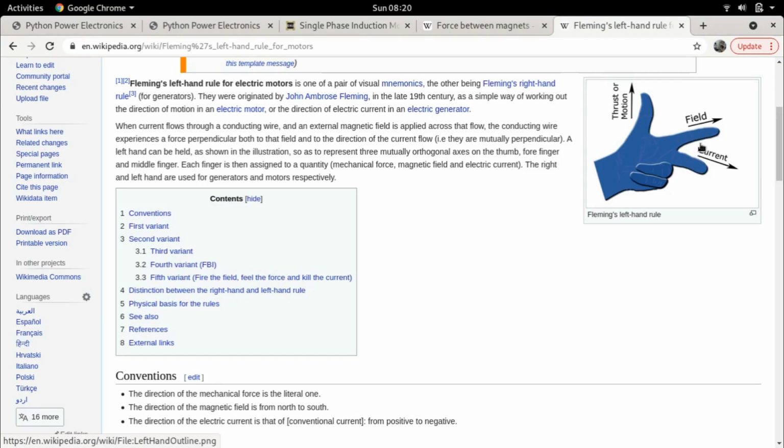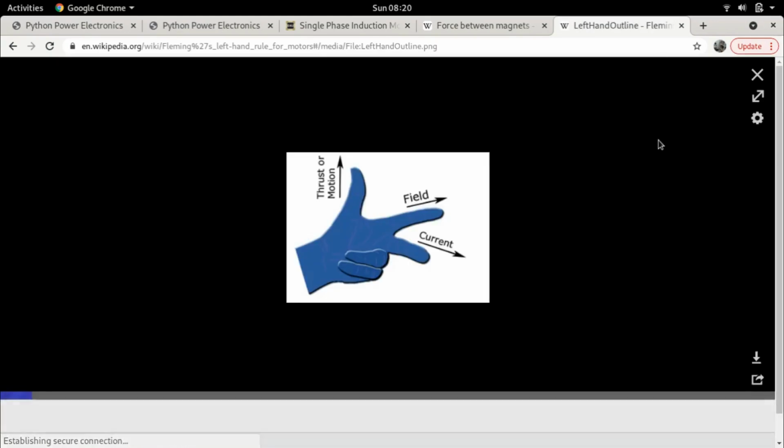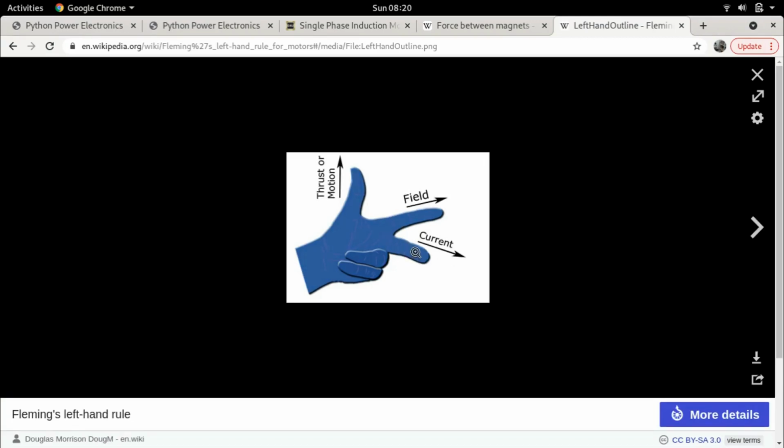It doesn't look like it here because we're representing something in three dimensions in two dimensions. But it's very important that the middle finger, because you can see the thumb and forefinger are roughly perpendicular to each other, is also perpendicular to both the forefinger and the thumb, right?